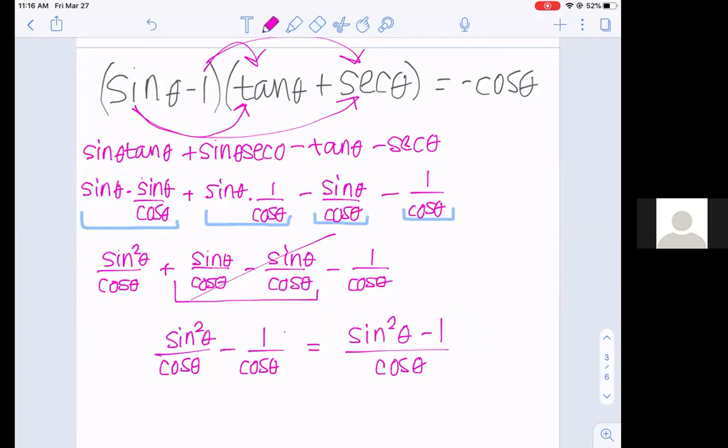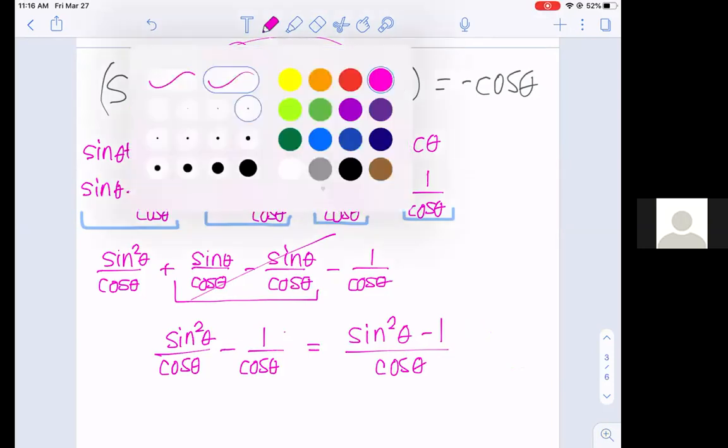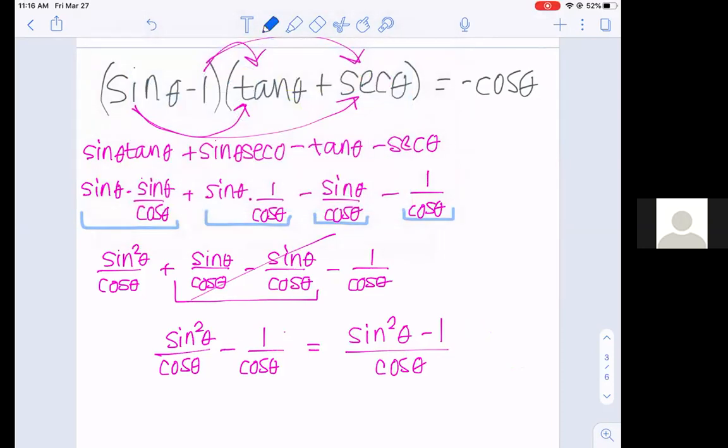It is a little bit opposite. So my sine squared plus cosine squared equals 1. Cosine squared theta equals 1 minus sine squared. So this is slightly different than that.